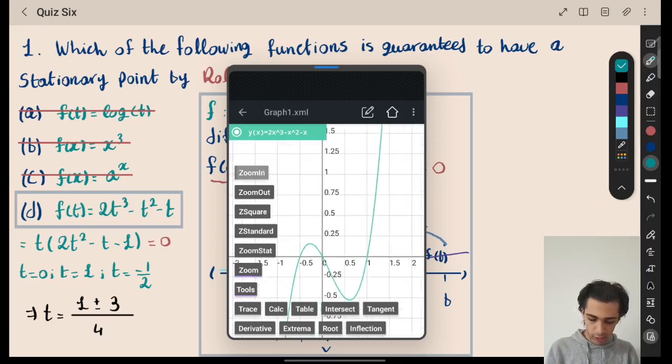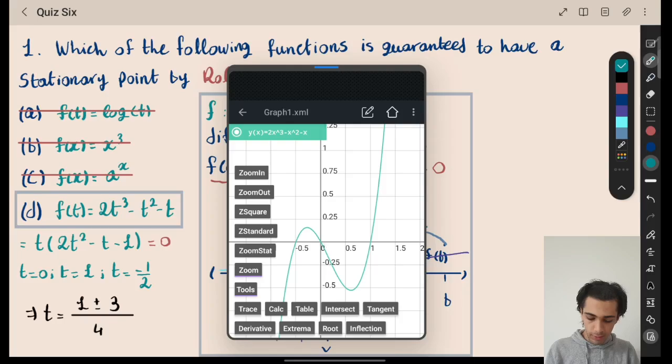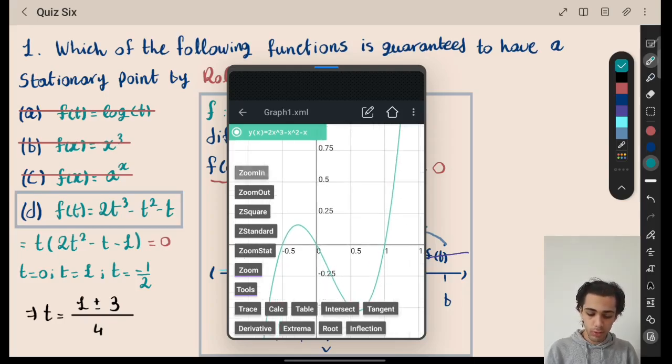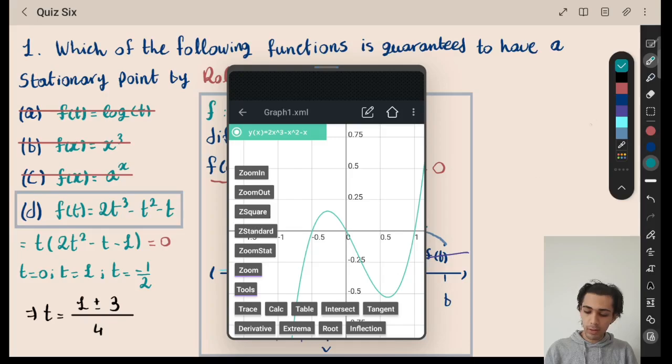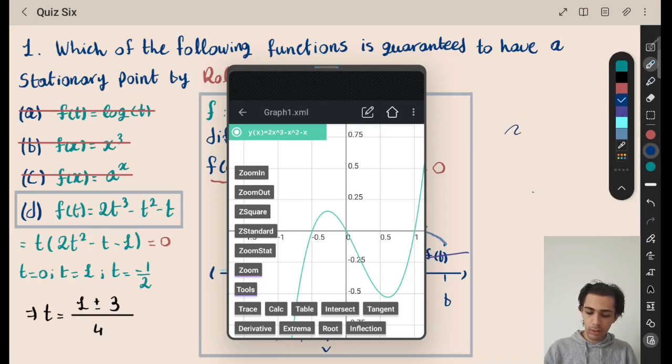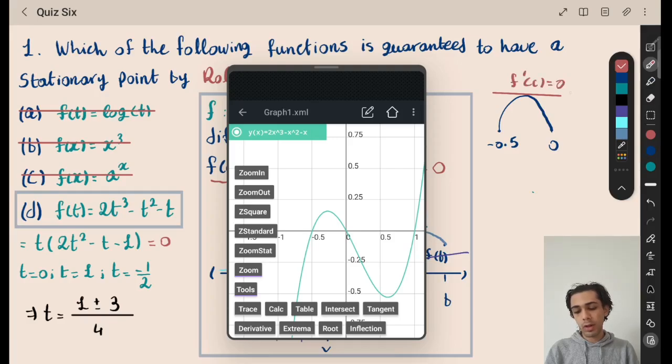So you see all the action is happening at minus half, 0, and 1, because these are the roots. And notice that we have something that looks like this. So we have something from minus half to 0, something that looks like this. So it is actually equal to 0 here, the derivative, at this point where there's no change.